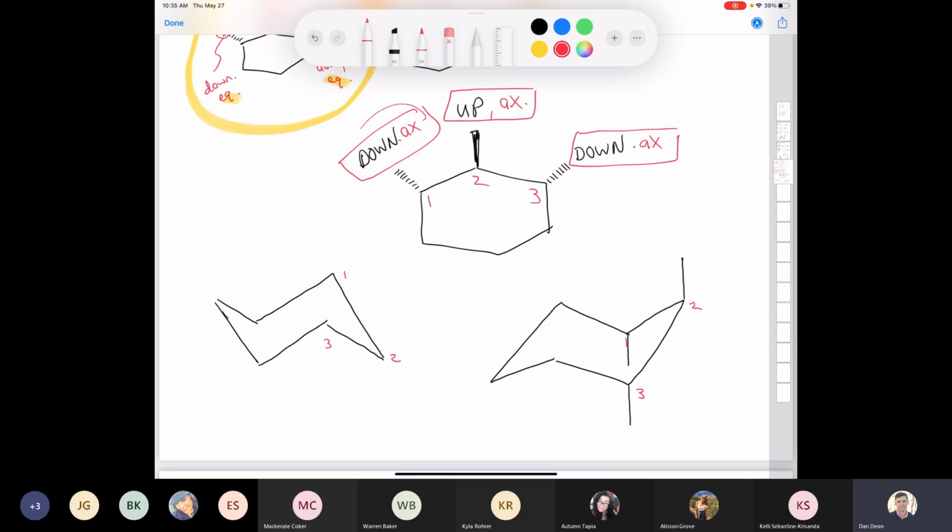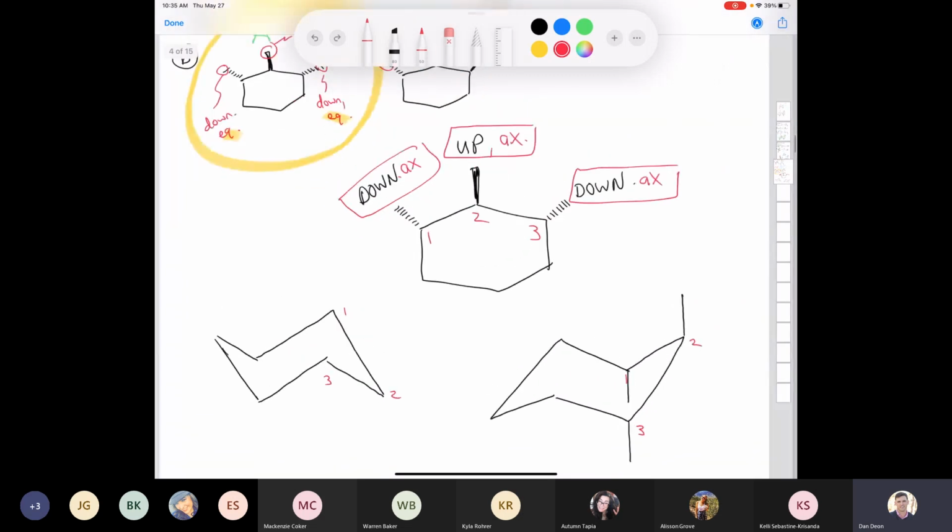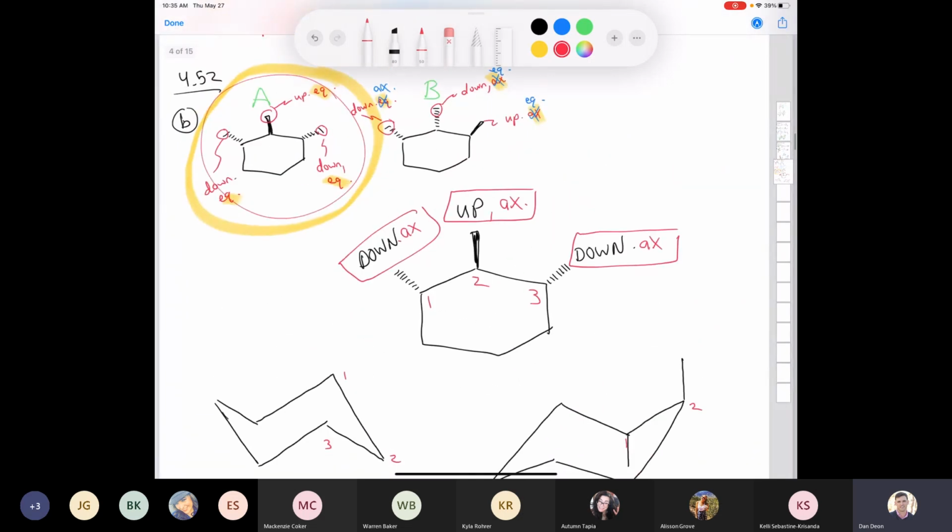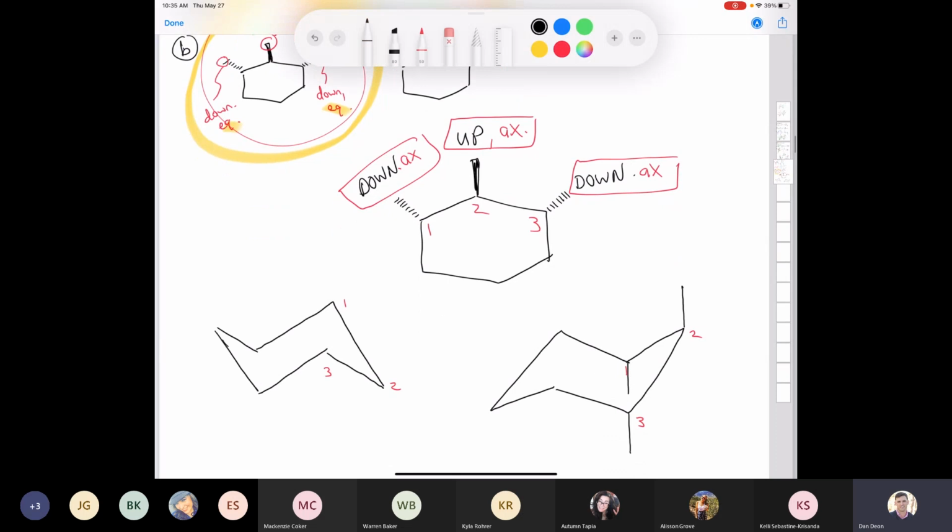So if 1 is down, it's going to be like this. It's going to be down in equatorial, the methyl group. On the next one, the methyl group will be up, but it won't be axial. It will be up in equatorial. And on the third one, it will be down, but it won't be axial again. It's going to be equatorial.